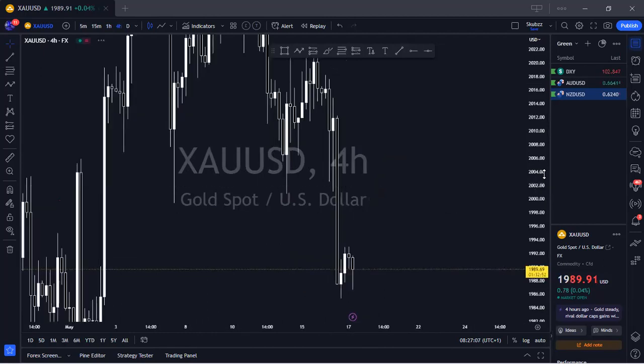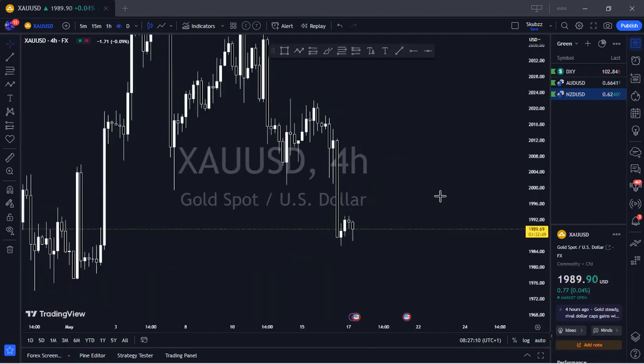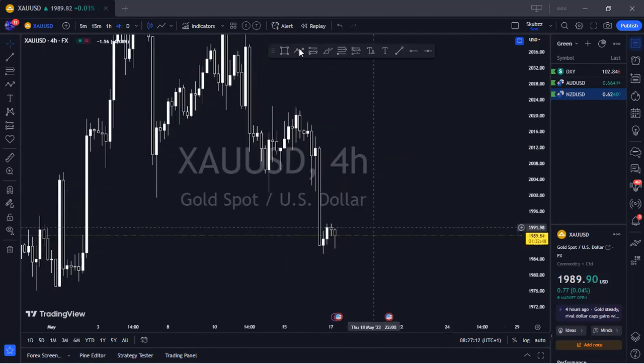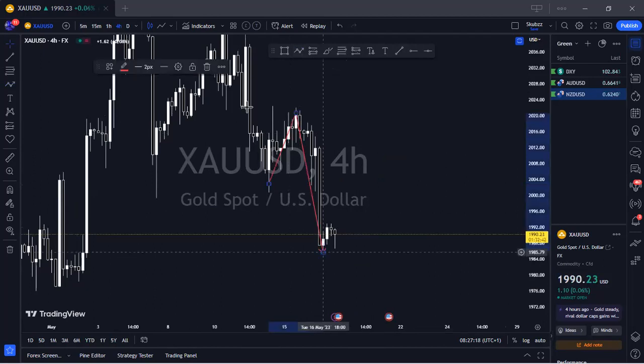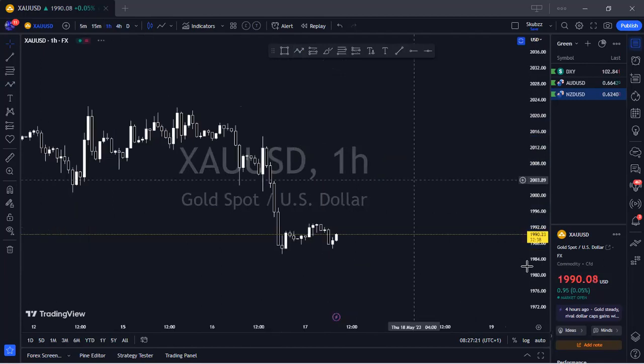Gold has turned to a bearish market right now. We have created a lower high, lower low. Do you understand? So let's jump to the lower time frame and see whether we'll see any places to sell from.